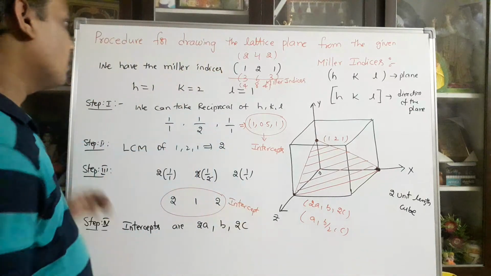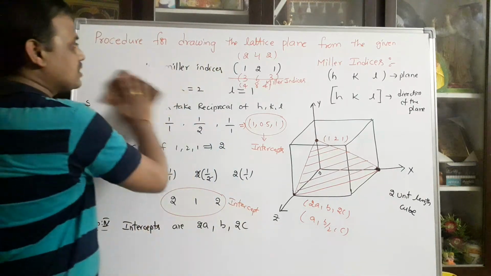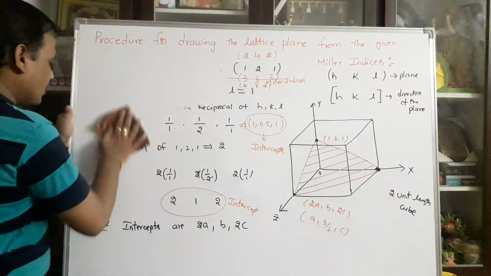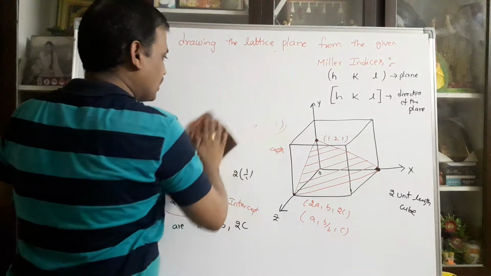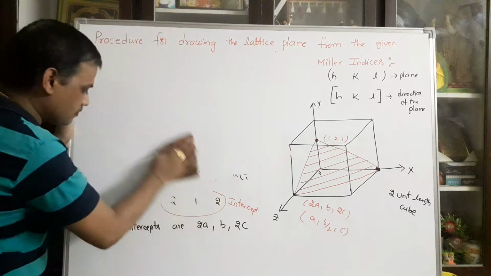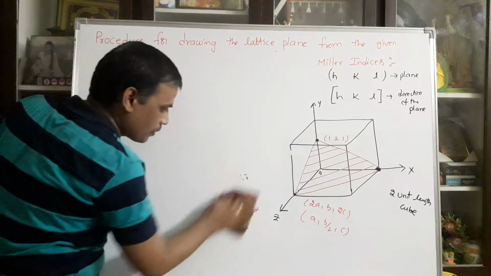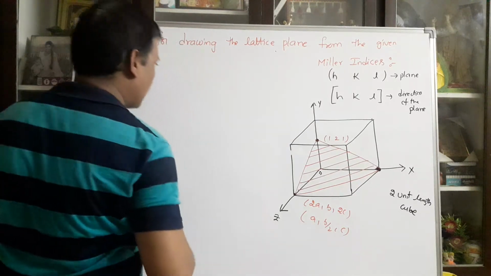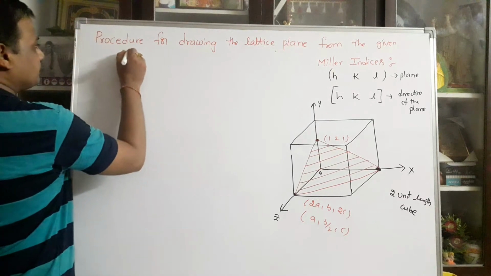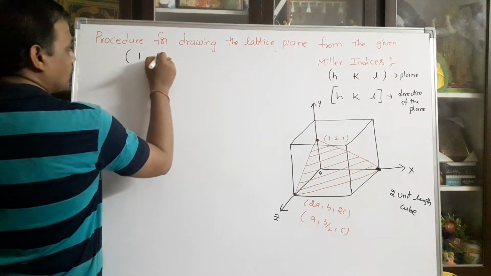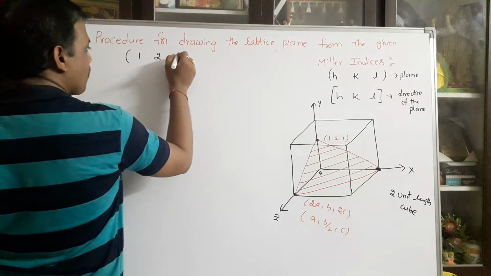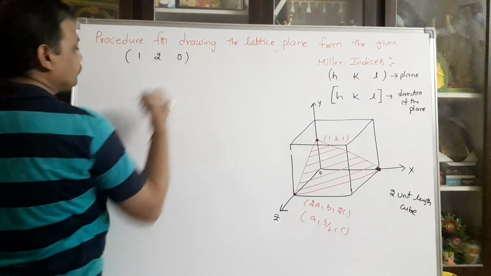Okay, one more. You can take one more example, like the Miller indices 1, 2, 0.